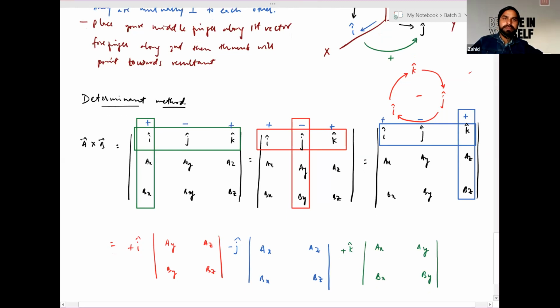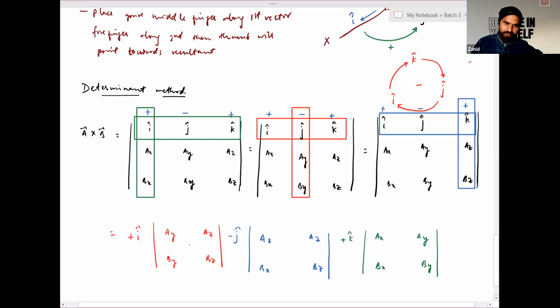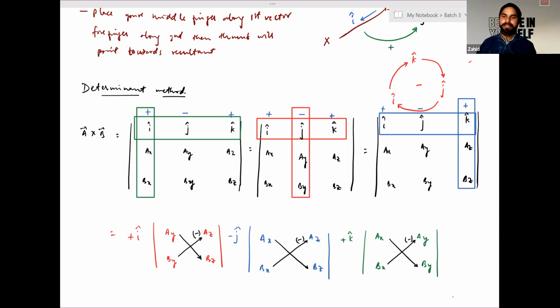Now for this, just multiply. On going from top to bottom, it will be plus, but on going from bottom to top, it will be minus. Similarly for this part, and similarly for this part. So this is the determinant method of multiplying the cross product for any two vectors.